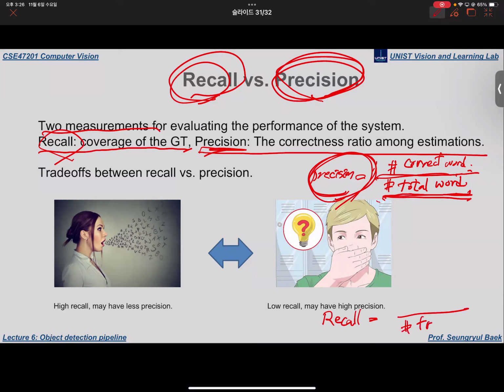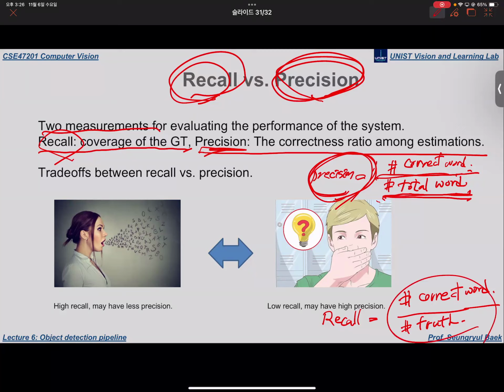The truth and correct word. So it is defined as this. Our correct words are divided by the truth in the world. Are you guys understanding this?